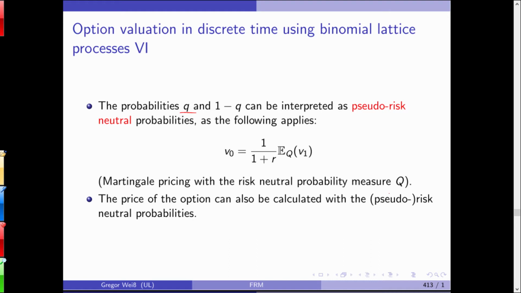We call Q, or the set Q and 1 minus Q in this case, the risk neutral probability measure. This is called risk neutral pricing or martingale pricing. And we can also calculate the price of the option via pseudo risk neutral probabilities.